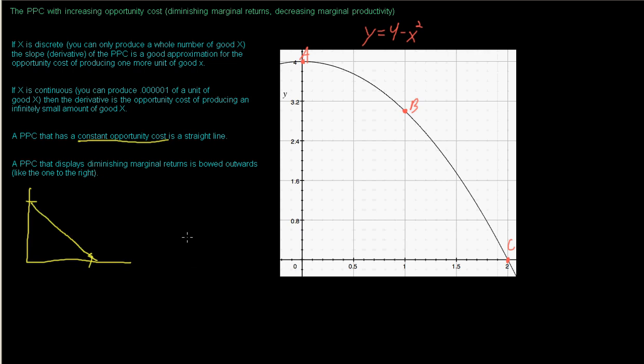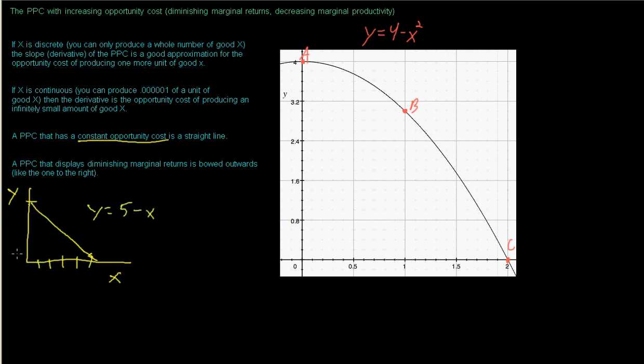So to start off, I want to define what I mean by constant opportunity cost. Let's say this was just good y and good x, to keep things simple. So to produce one more unit of good x, let's just say that this line is y equals 5 minus x.